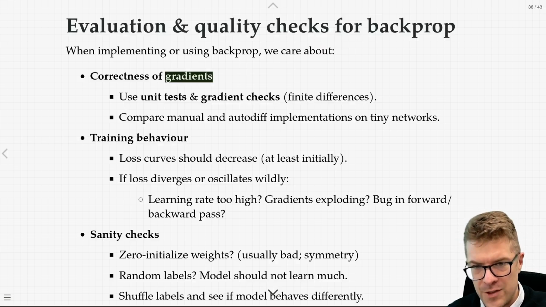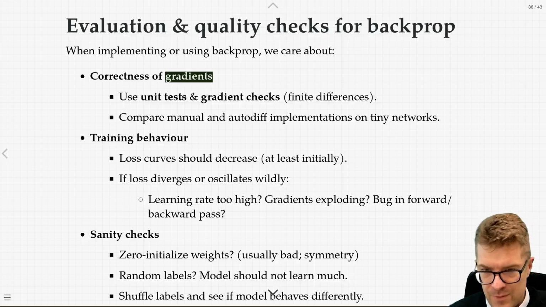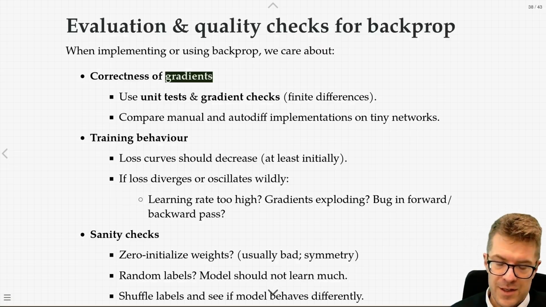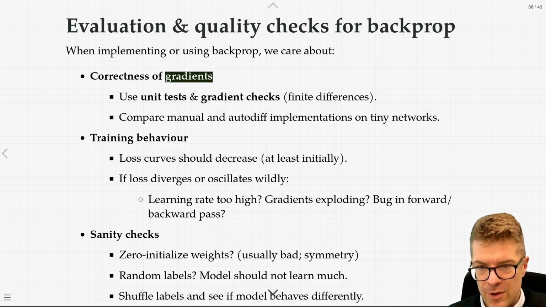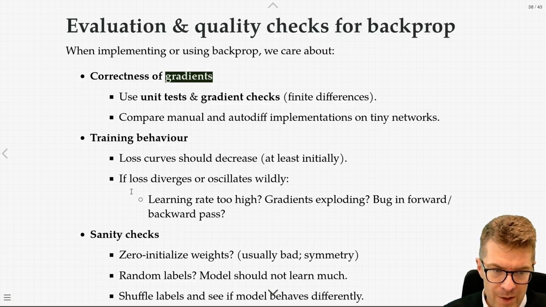They're going to be much noisier, but the overall trend should more or less be downwards, especially during the early epochs. But if things suddenly diverge crazily, or if the oscillation is much more than you'd expect, even in the dirtier data sets, you'd modify your learning rate, recheck your gradients, and look for any bugs in the code. So you start digging into your implementation.